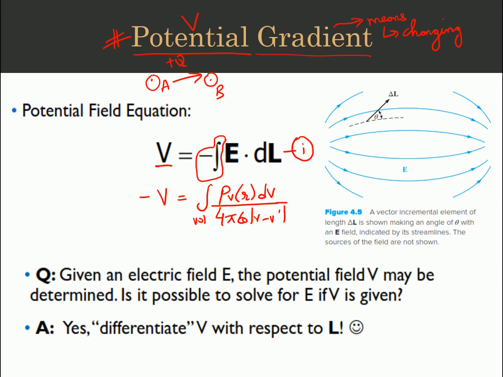So we say that this is for the continuous charge distribution, and the above one is utilized for system of charges where we have more than one charge like Q1, Q2, Q3, as we have seen in our previous explanations.